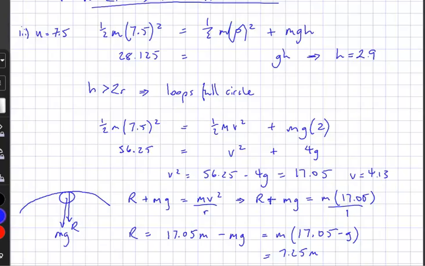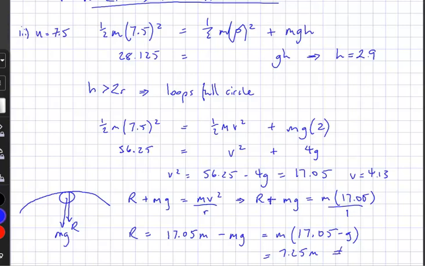As long as the reaction is not equal to 0, then at that top moment, if you're showing that there is a reaction acting from the surface of the cylinder onto the object to help with that centripetal force, then you've got circular motion. Just by working out that that's not equal to 0, we know that it's doing the full turn.